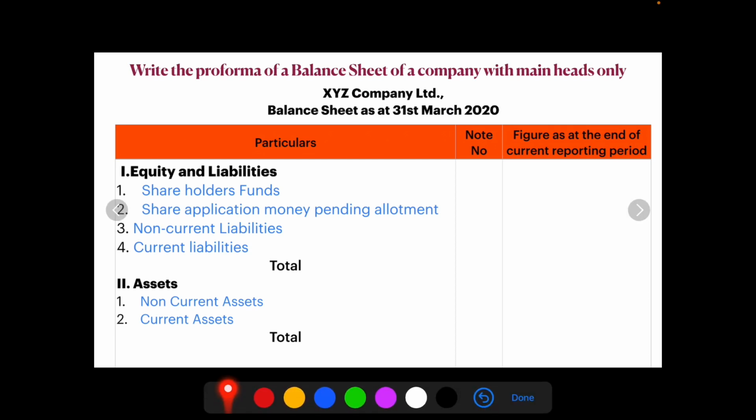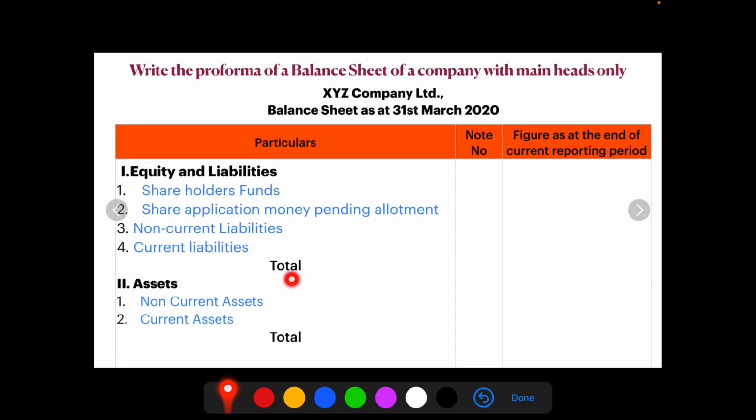First and foremost, do the format of balance sheet, that is particulars, note number, figures as at the end of current reporting period. So the heads are, to begin with, equity and liabilities, and the second category is assets. Under equity and liabilities, we have 4 major heads: shareholders funds, share application money pending allotment, non-current liabilities, current liabilities.